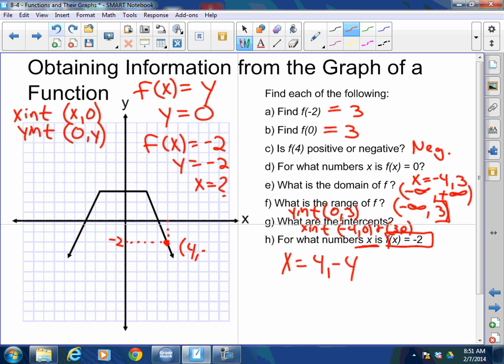Isn't that 4, negative 2? Okay, negative 2 over here. What x value is attached to that? 1, 2, 3, 4. Oh, 5. I'm sorry. It's negative 5. Negative 2. So it's negative 5. My bad. So when x is 4, my y is negative 2. When x is negative 5, my y is negative 2. Does that make sense?